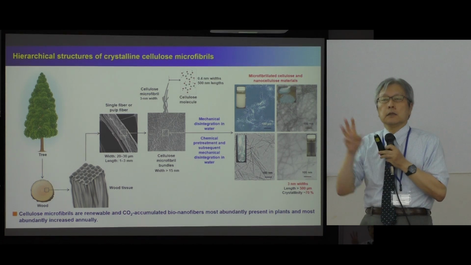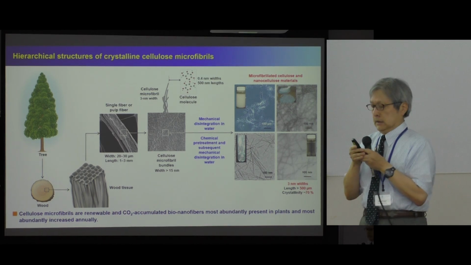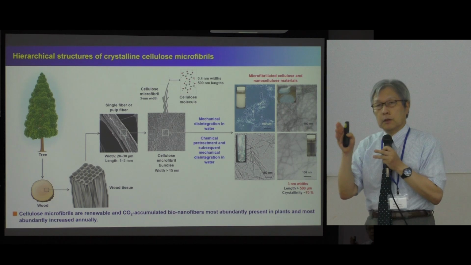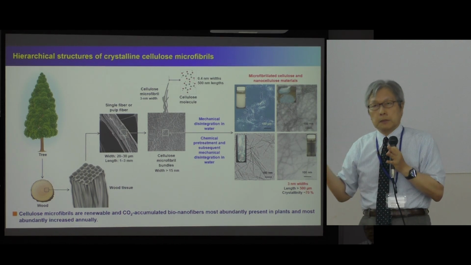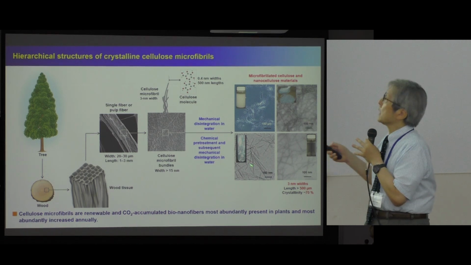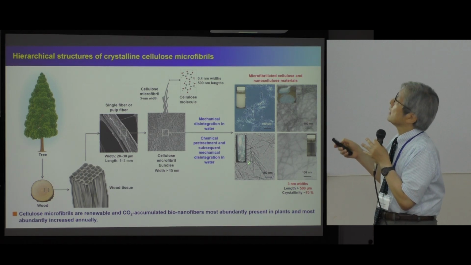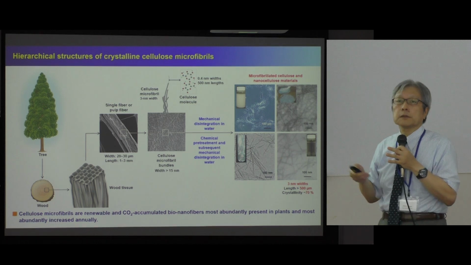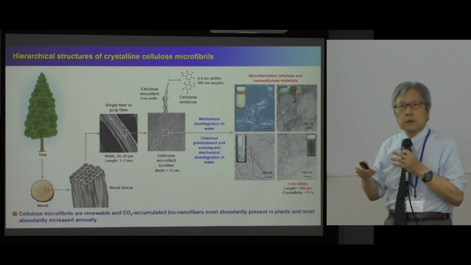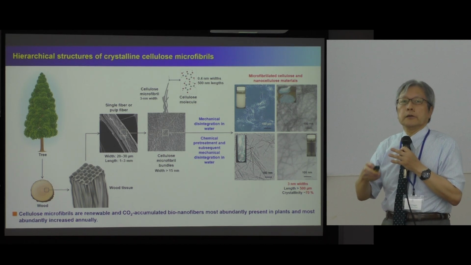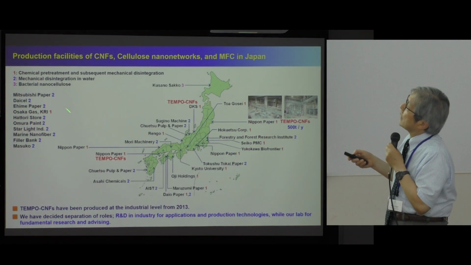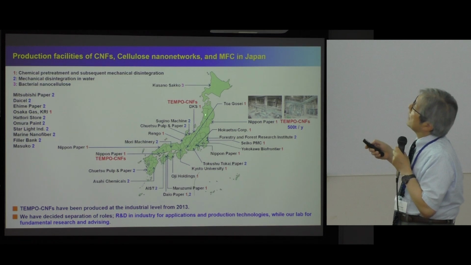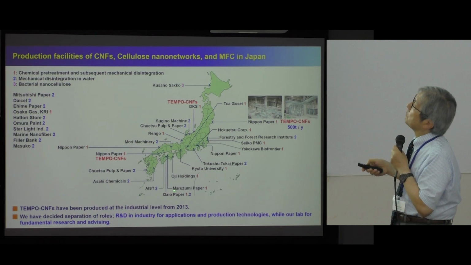It's a third component, for example, the base polymer and the cellulose nanofibers, and the third component is a large amount of surfaces, which can open new approaches for material sciences.